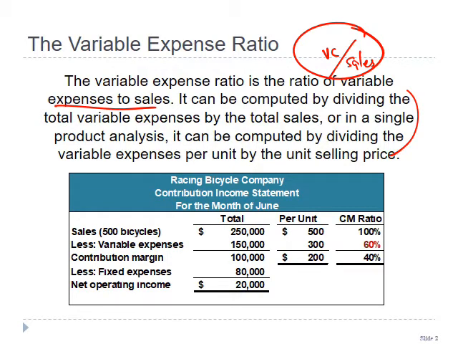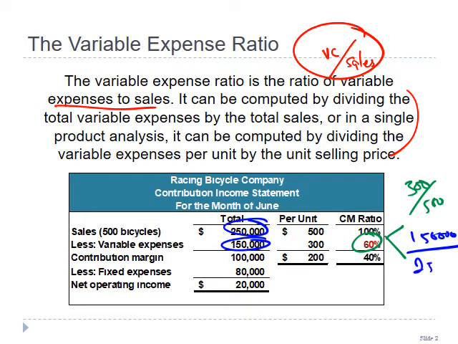So where this 60% came from, it came from either dividing 300 by 500 or this 150,000 divided by the sales 250,000. Okay, it's 250,000.